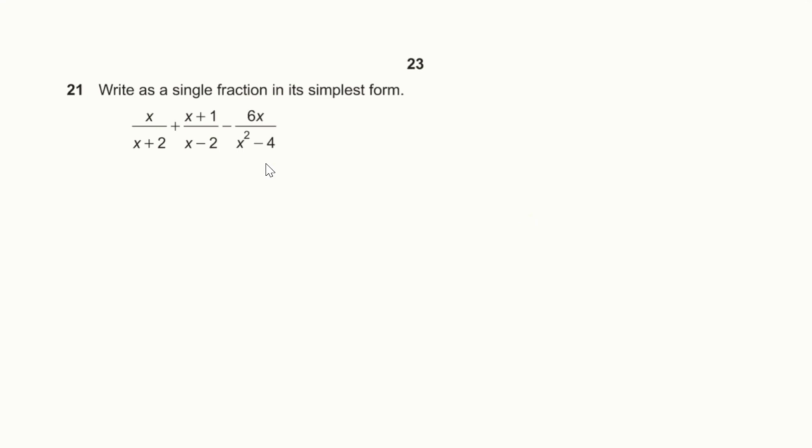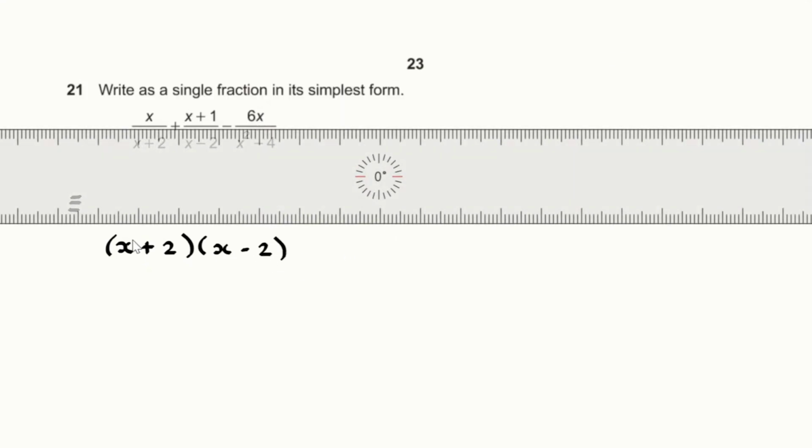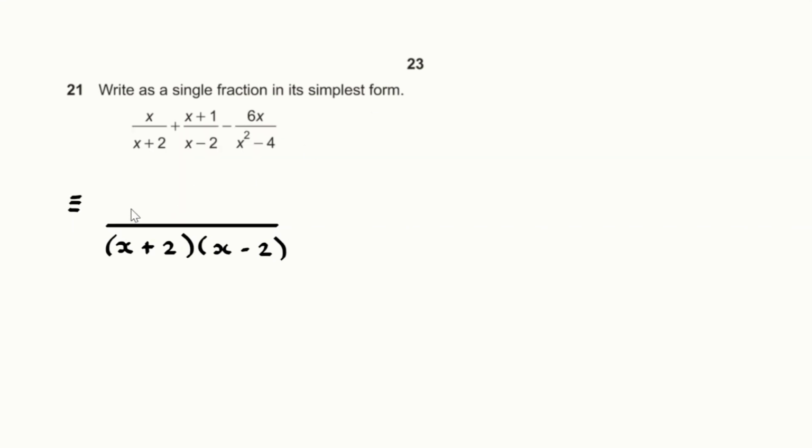Question number 21. We have to write as a single fraction in its simplest form x over x plus 2 plus x plus 1 over x minus 2 minus 6x over x squared minus 4. Well, here I can combine these fractions. If I write this as x plus 2 lots of x minus 2, then on the top what I need is an x lots of an x minus 2.